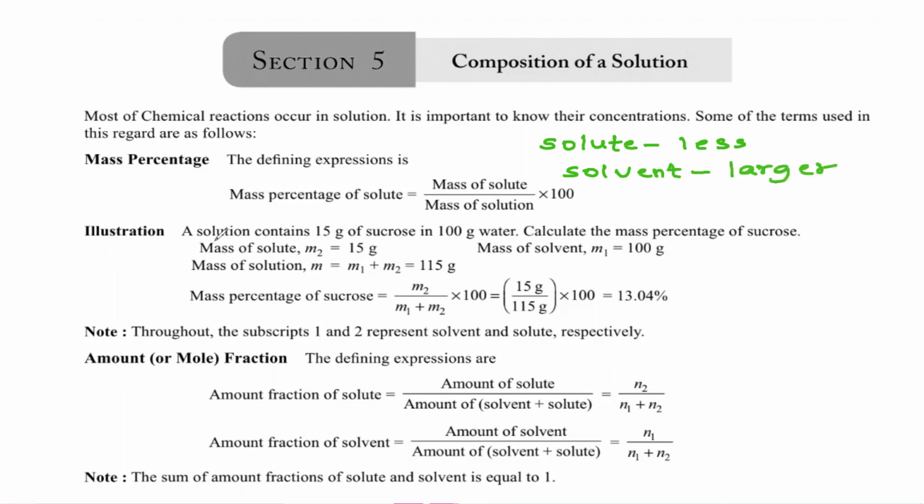These are the two components of a solution, solute and solvent. Mass percentage of solute is equal to mass of solute by mass of solution, into 100.